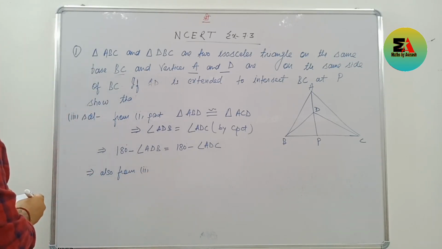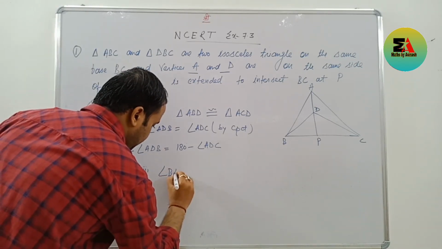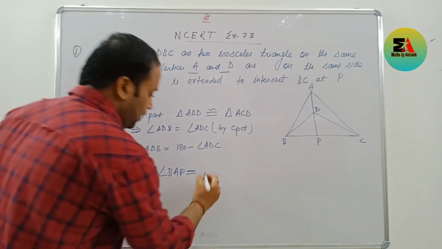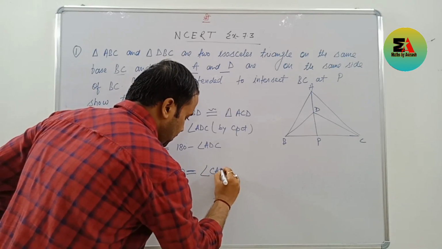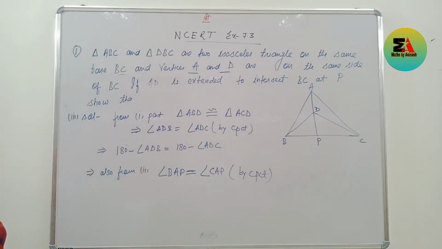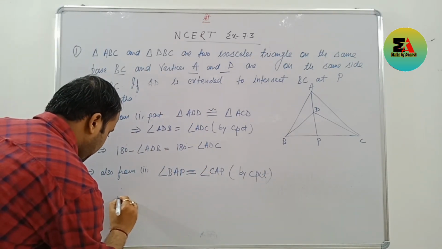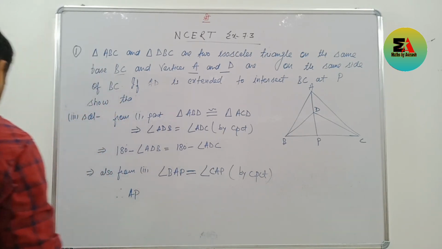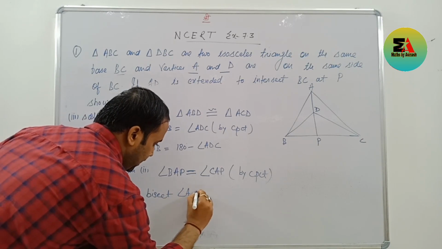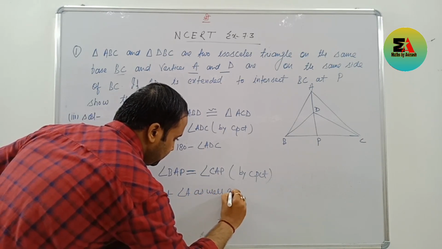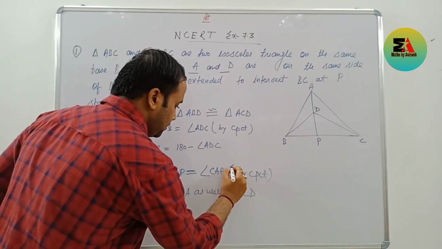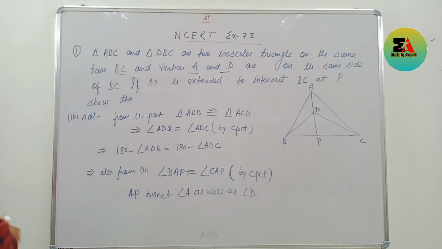And also from the second case, angle BAP is equal to angle CAP by CPCT. Therefore AP bisects angle A as well as angle D. This is our third case.